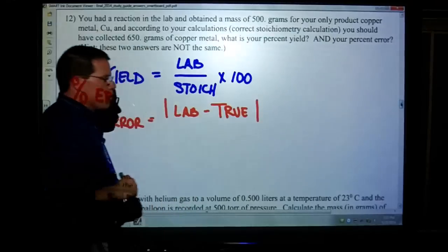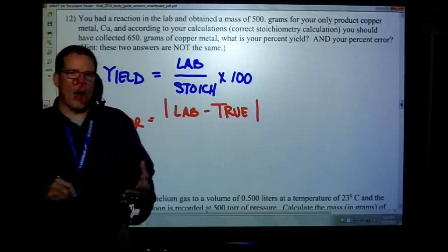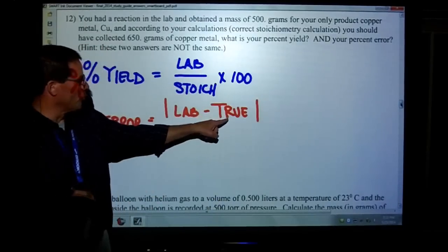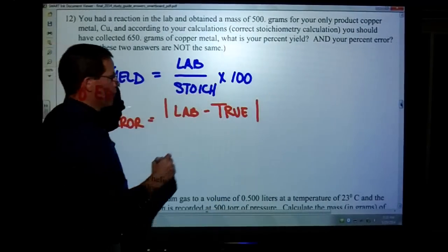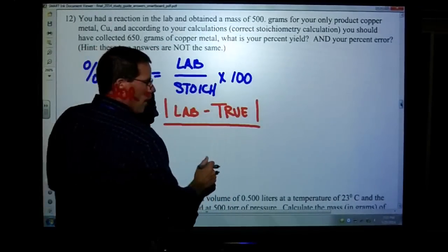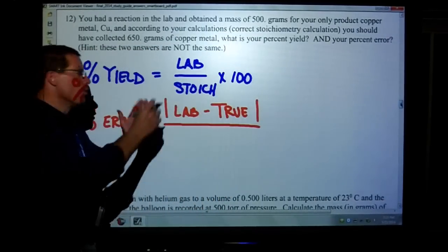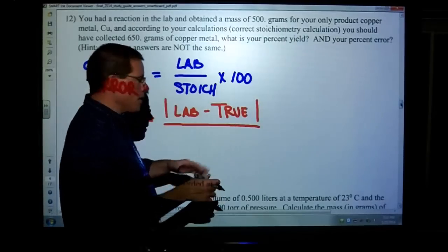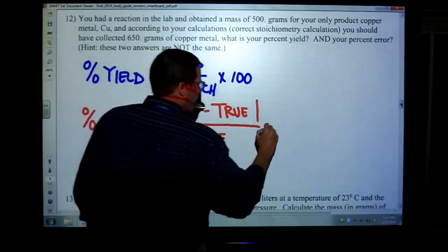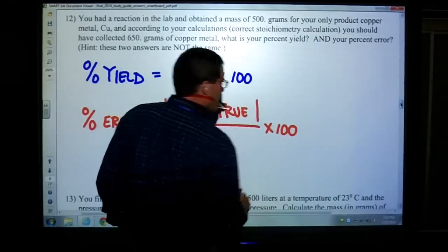In other words, generally speaking, we can do a calculation, could also be a stoichiometry type deal. So the true value would represent the stoichiometry value. So we'll take our value minus the true value. If that gives you a negative sign, that's what the absolute value means, drop that negative. Then you will divide that by the true value and multiply that by 100.